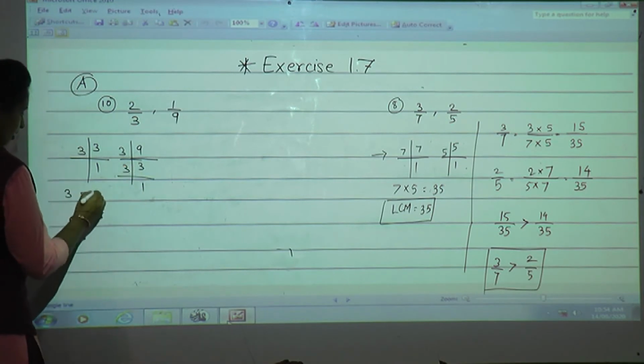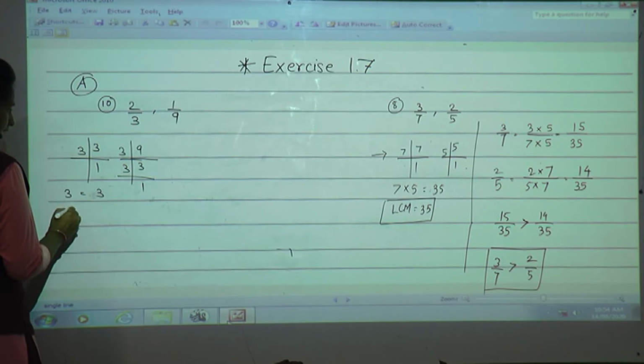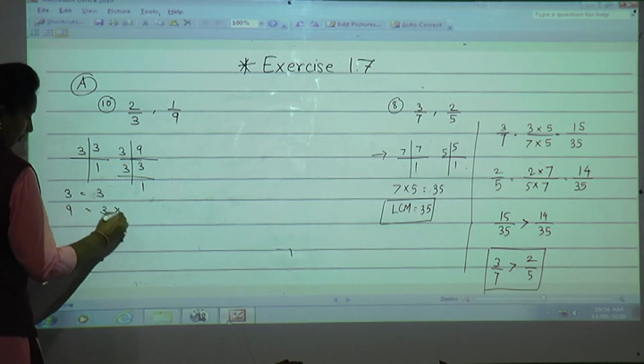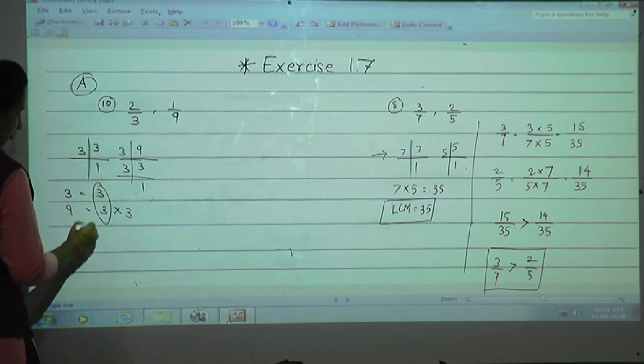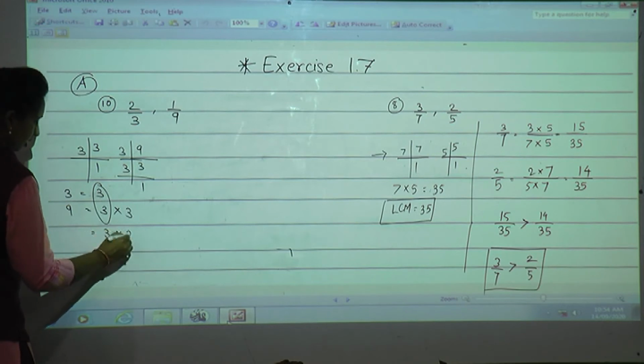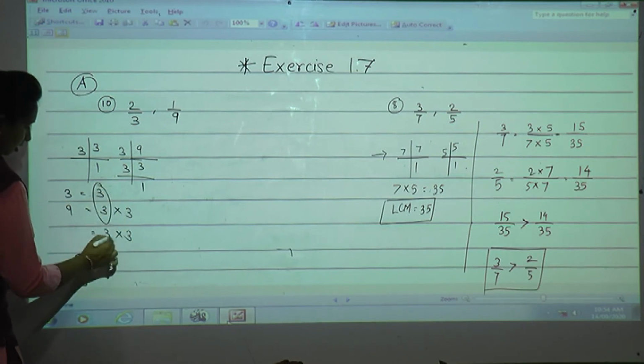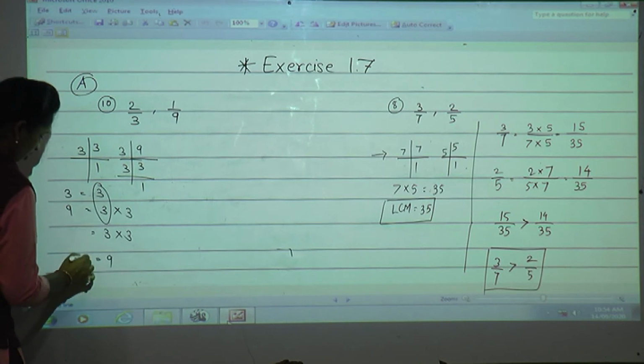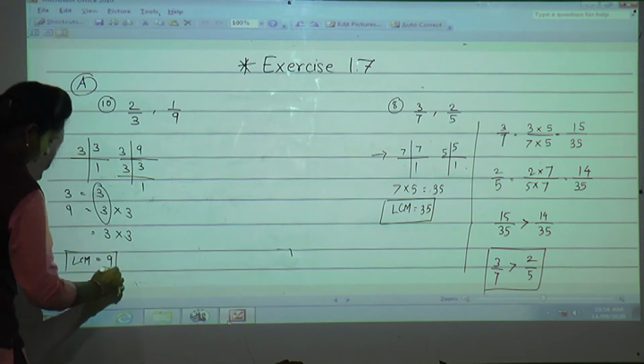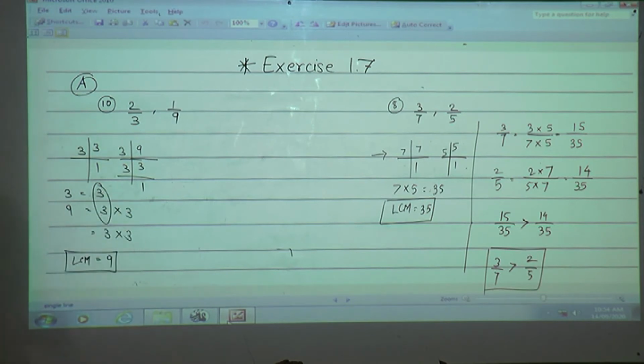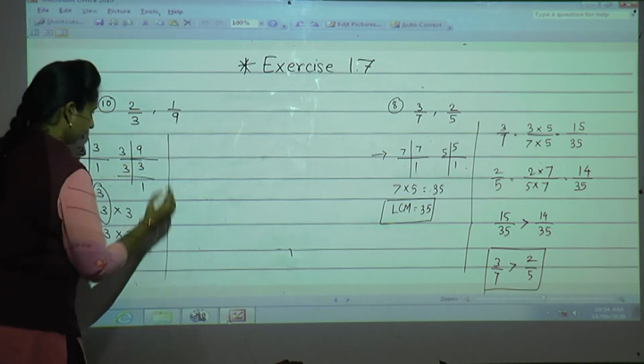So 3 multiples are only 3 and the 9 multiples are 3 multiplied by 3. So we will write common ones and 3 as it is. 3 3s are 9. So what is the LCM? LCM is 9.